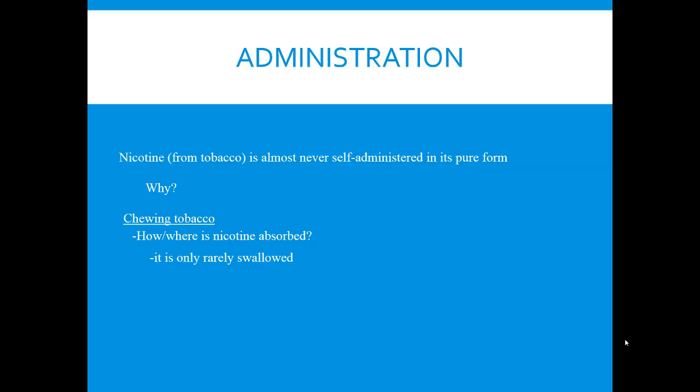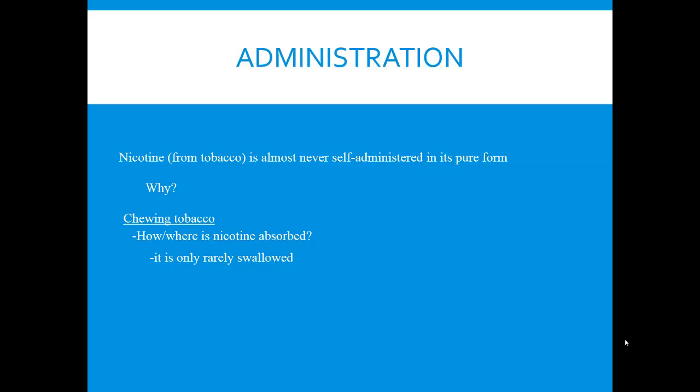What you're going to see here with nicotine is that we're really going to talk about some different forms of nicotine which result in slightly different forms of administration. The first that we'll talk about is chewing tobacco. The one thing to understand here is that chewing tobacco is not considered oral administration, because generally you're not swallowing anything.